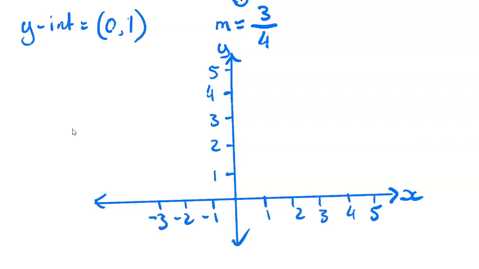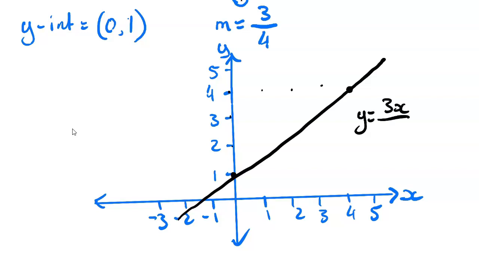Okay, so our first point is at 0, 1. Our next point is 3 up. So a rise of 3, 1, 2, 3. And across 4. 1, 2, 3, 4. And you would be doing this with a ruler, so you could line that up well. So y equals 3x on 4 plus 1.